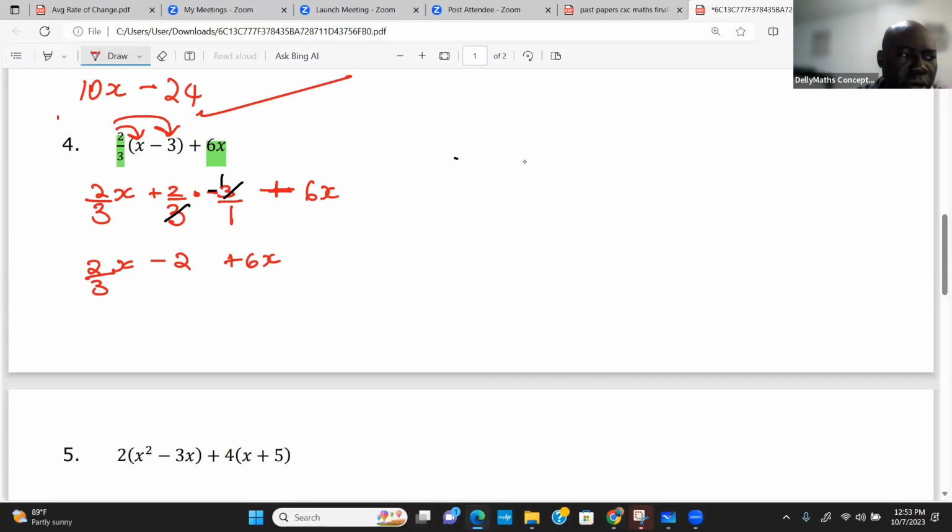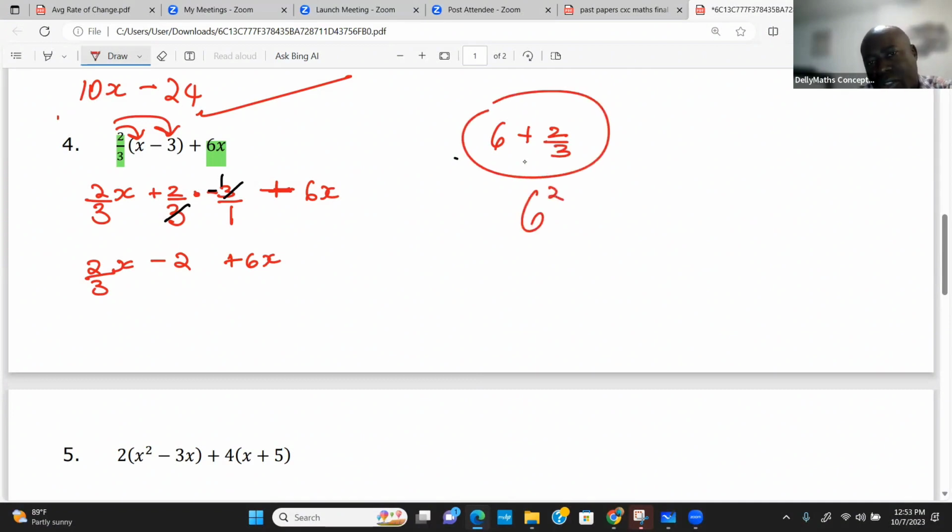What we want to do, though, is to combine the terms. So the 6x, if 6 be added to 2/3, I'll end up with 6 and 2/3. So I'm going to have 6 and 2/3 x, then a minus 2. And the reason why I could do that easily is because 2/3 x and the 6x here, they are like terms.